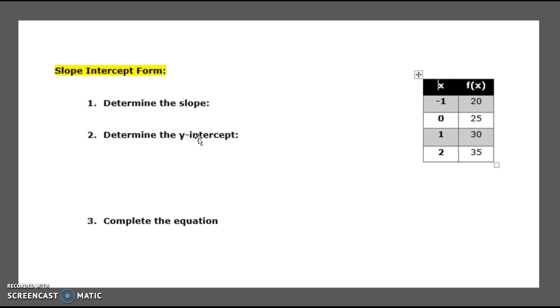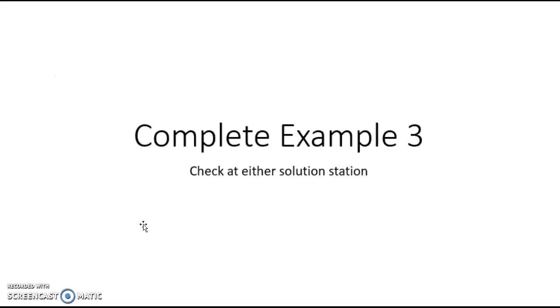Whichever one you choose is up to you. And now I want you to write the slope-intercept form of the equation, and check your work with the solution station. Once you've completed example number 3 and you know that you've got it right, you can move on and complete the assignment for the set of notes.